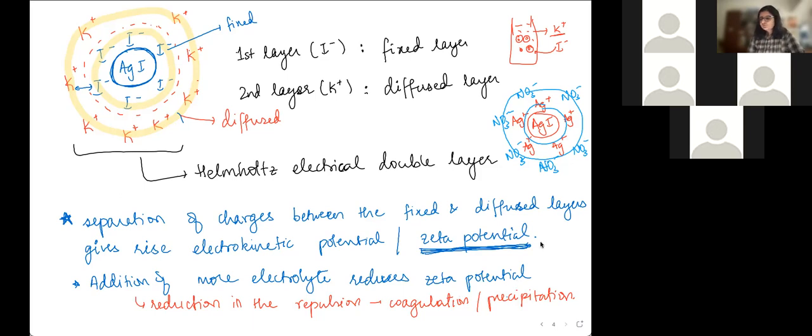Okay. So then we have electrophoresis and coagulation, which is kind of related to whatever we did. So that's going to happen quickly. So go to the next point, next property.